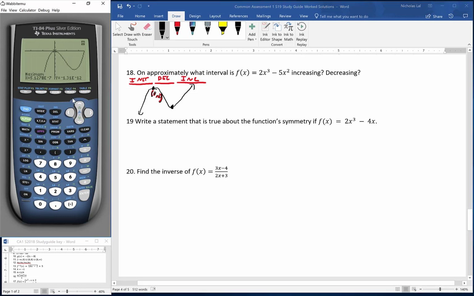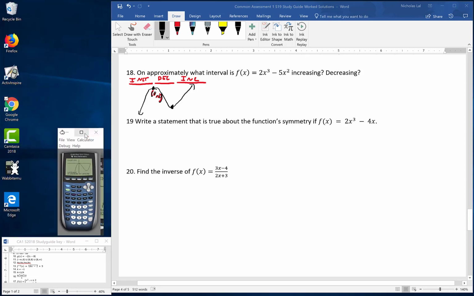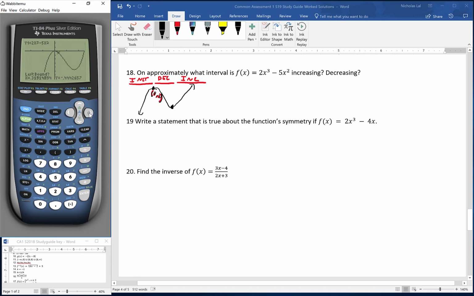So second, calc, find our minimum, left bound, right bound. Find that minimum.